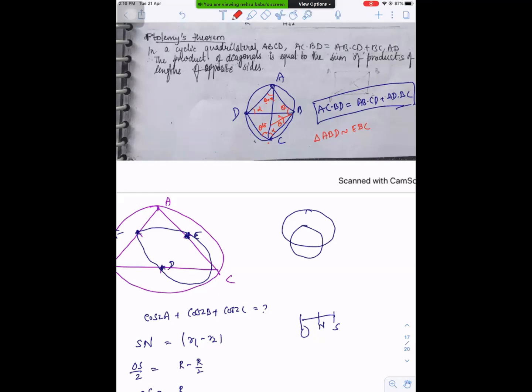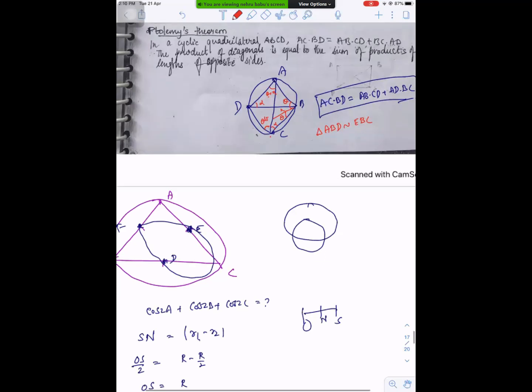We'll try, sir. Okay, so the hint is this, just note down the diagram. You have to choose E on the AC line such that angle CBE is exactly equal to ABD. That is the hint. If you choose a point like that, you will get the proof easily.